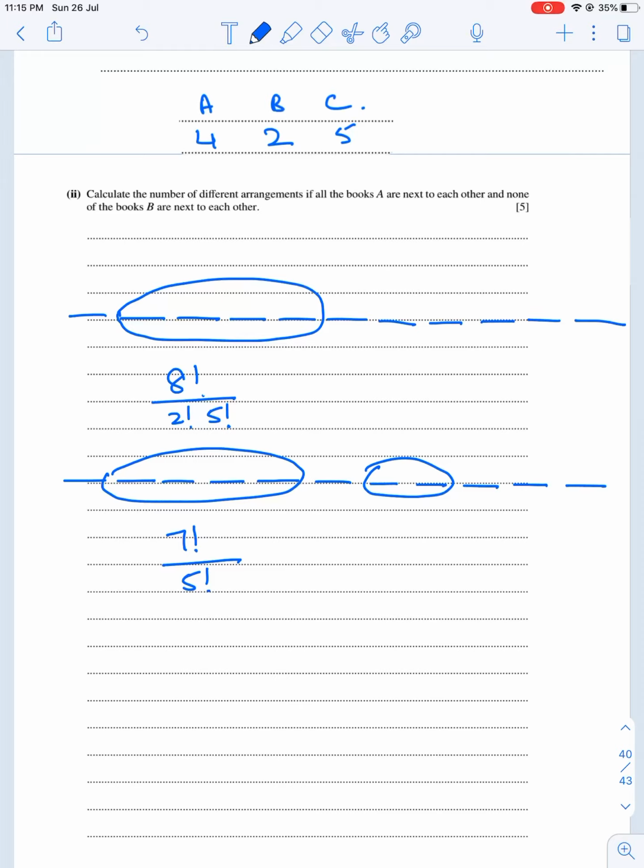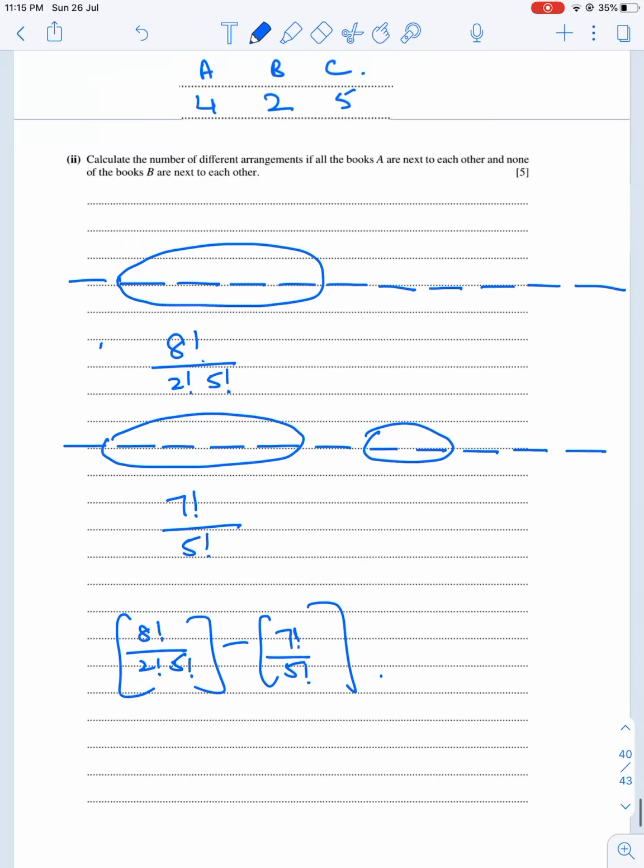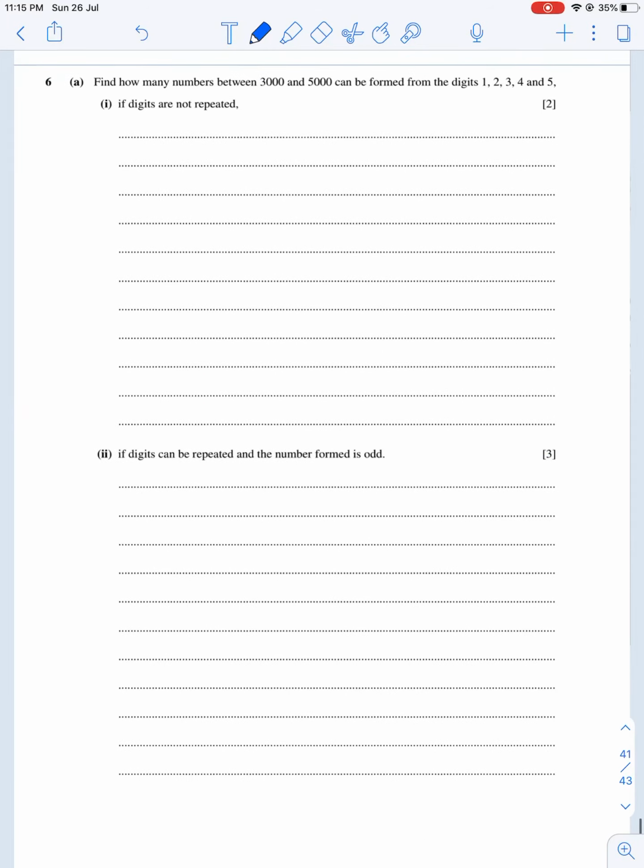Now from the first answer, if you subtract this answer, you will be left with all the cases where the book A's are together but book B's are not together. So 8 factorial upon 2 factorial into 5 factorial. From this you subtract 7 factorial upon 5 factorial and you will get the final answer for this.